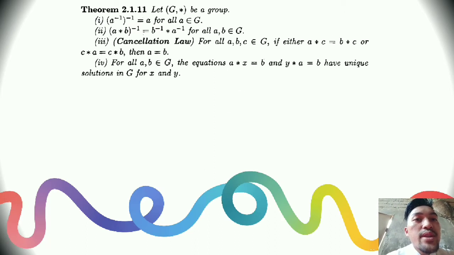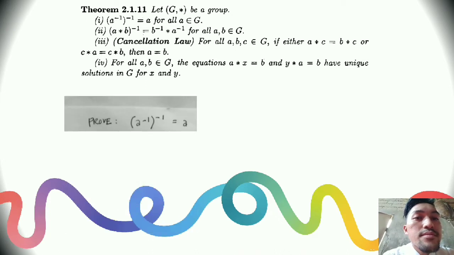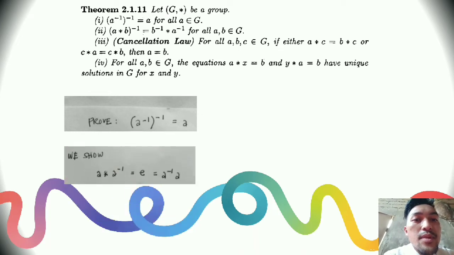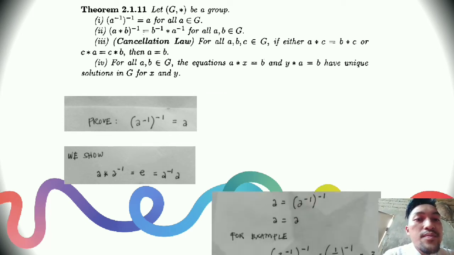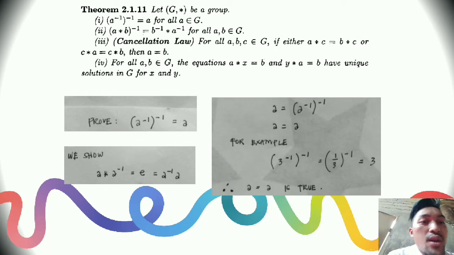So theorem 2.1.11, let (G, *) be a group. For number 1, (a inverse) inverse equals a, for all a in G. We prove that (a inverse) inverse equals a. We show that a * a inverse is equal to the identity element. And we know also that the inverse of its inverse will come up with a.